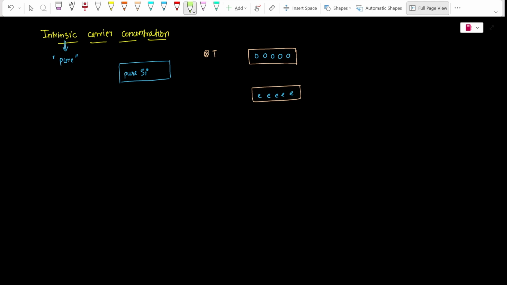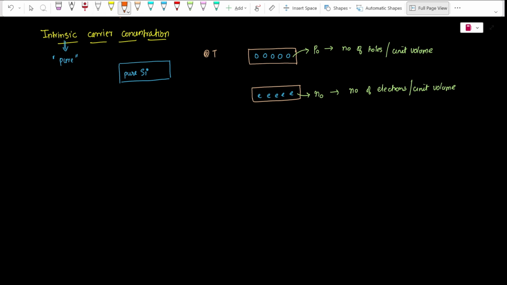Let's say I call P0 the number of holes. So what is P0? The number of holes per unit volume. And let's call N0 the number of electrons per unit volume, at some temperature T.